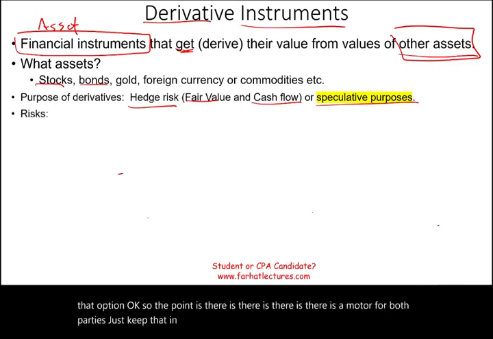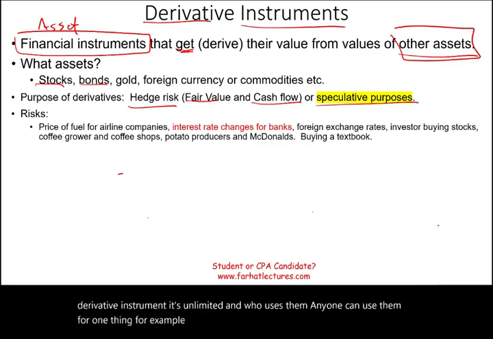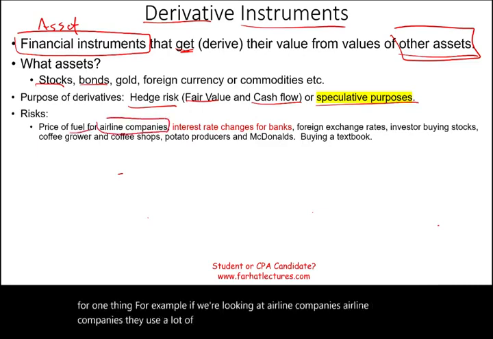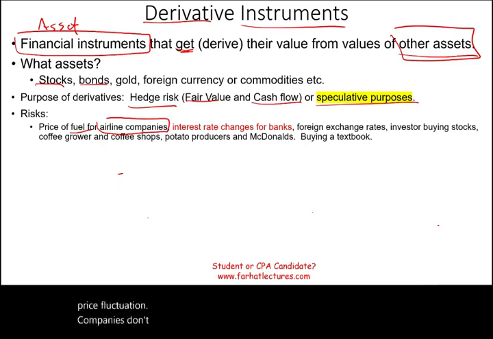Now, what type of risks can we hedge with derivative instruments? It's unlimited. And who uses them? Anyone can use them. For example, airline companies use a lot of fuel. Fuel prices go up and down. Companies don't like price fluctuation because it's going to hit the profit.